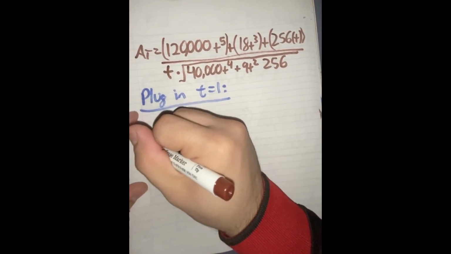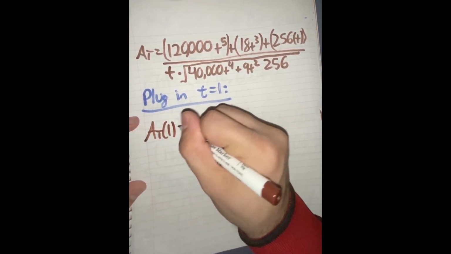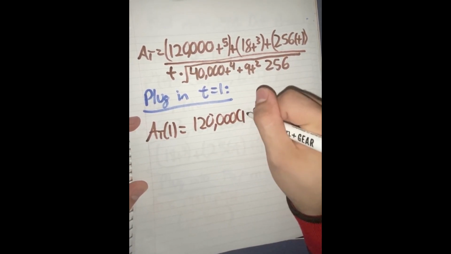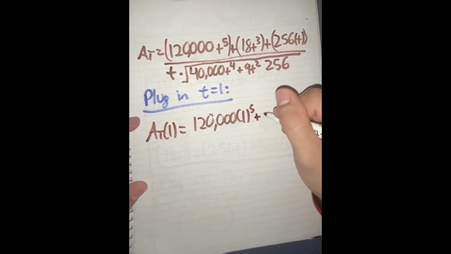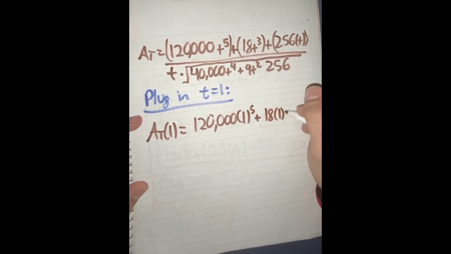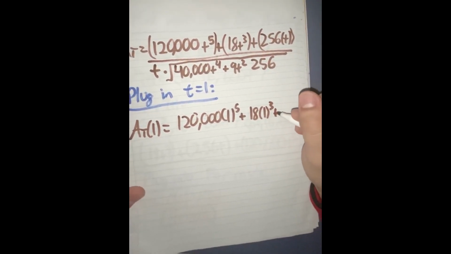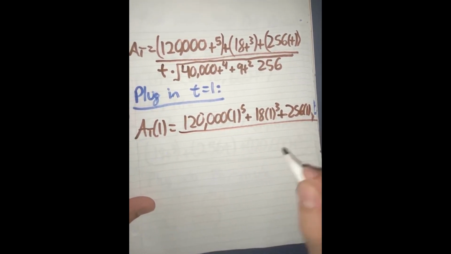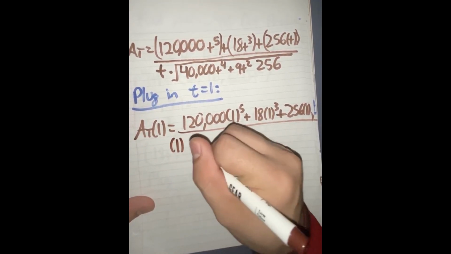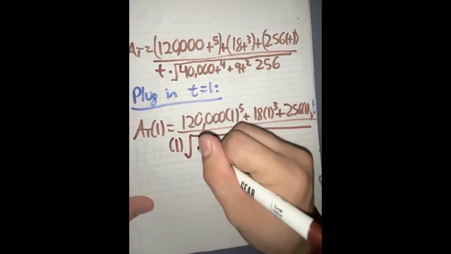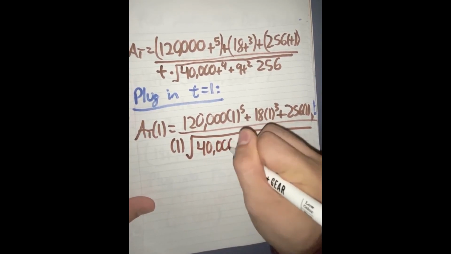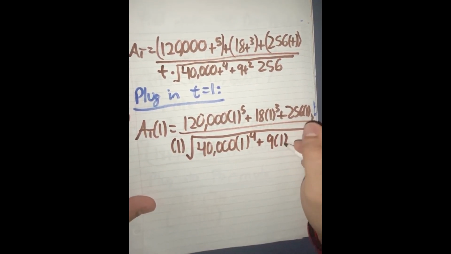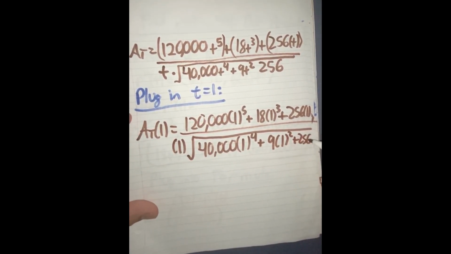At t equals 1 it is equal to this number times 1 to the 5th power plus 18 times 1 to the 3rd power plus 256 times 1, divided by 1 times the square root of 40,000 times 1 to the 4th power plus 9 times 1 to the 2nd power plus 256.